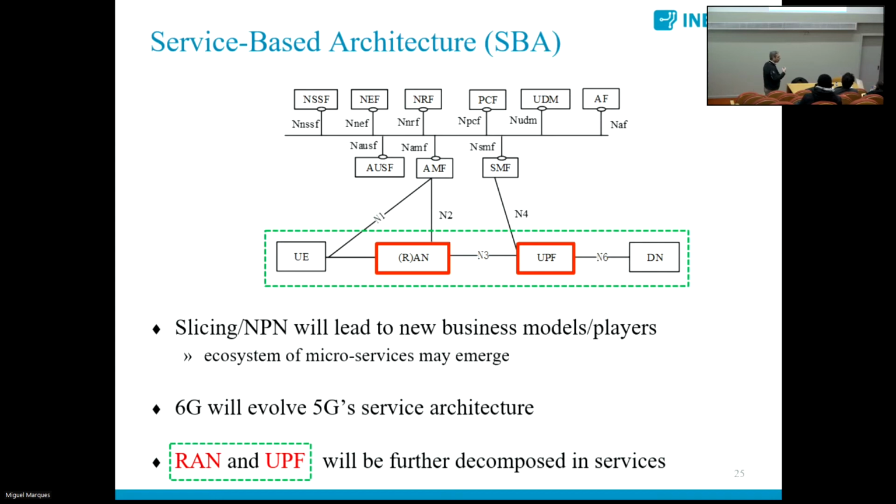We may also develop new business models in which different actors may be part of the communication network, because they can attach very well to the communication network functions, and new ways of combining applications and business from the verticals and the communication networks may be defined. So the functions of the communication network will be integrated in the universe of services that are nowadays around the internet. So things will be much more interconnected.